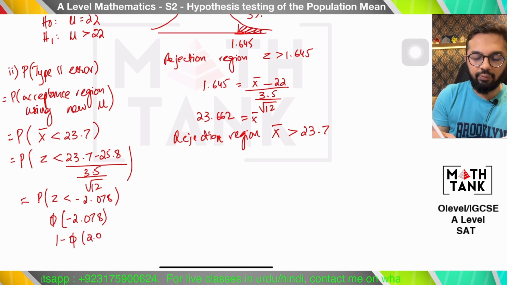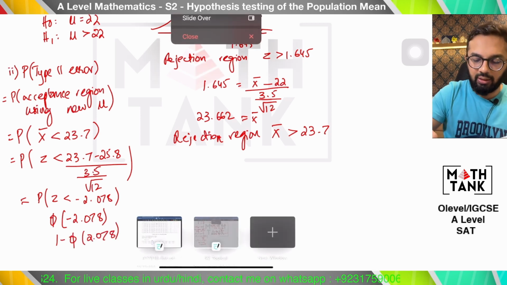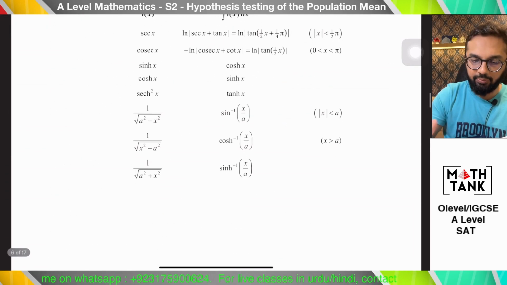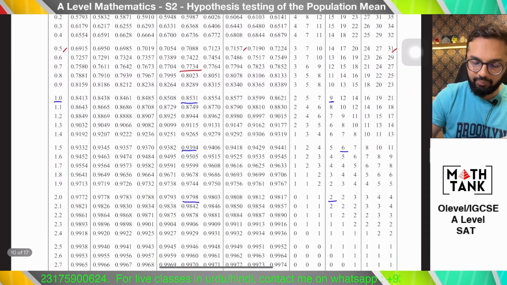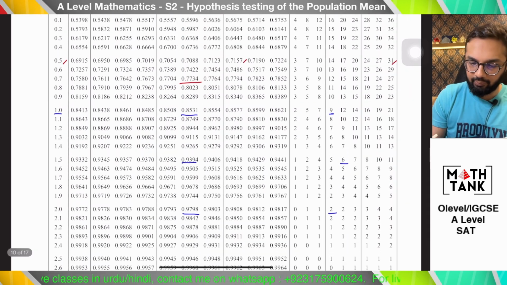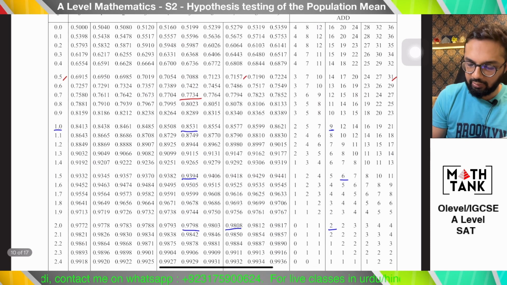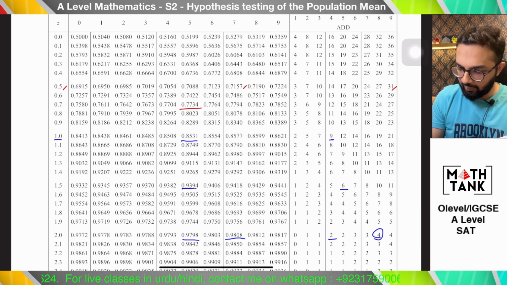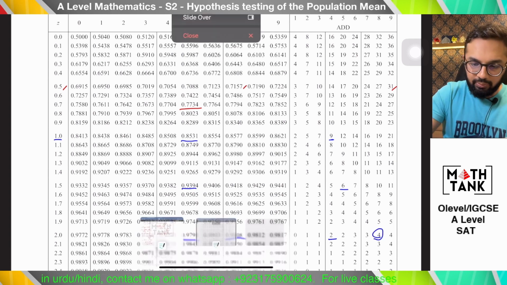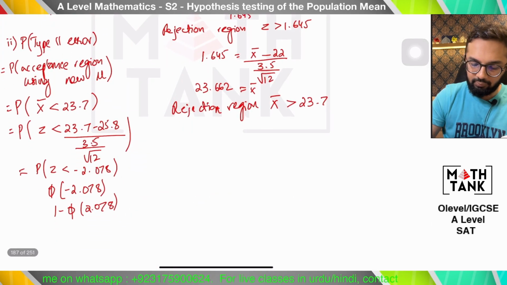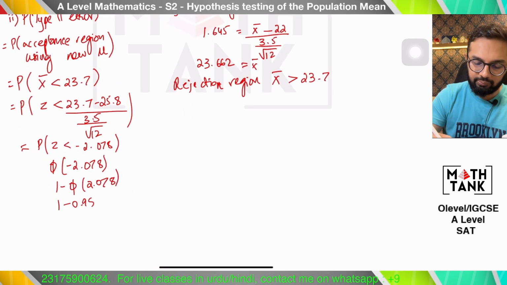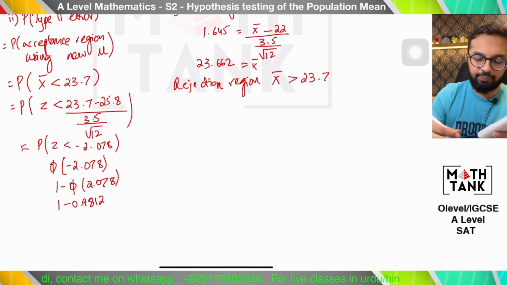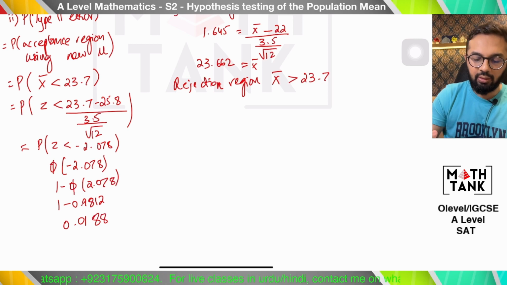So I get all of this, then go to my table: 2.078. This table is acting weird. 0.9812, so 0.0188.